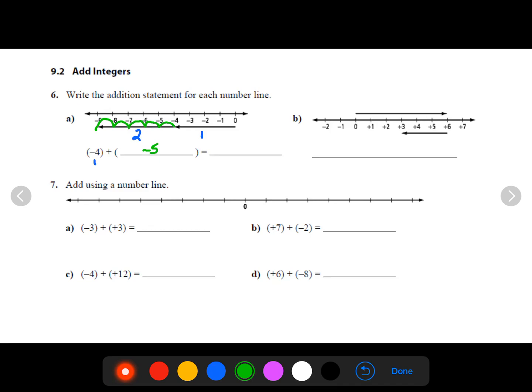And that lands us right there at -9. So -4 plus -5 equals -9. So the first arrow is -4. The second arrow is -5.